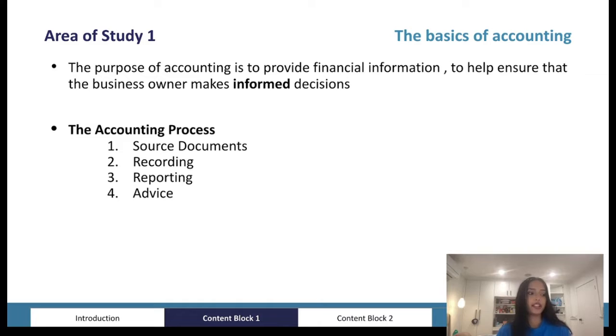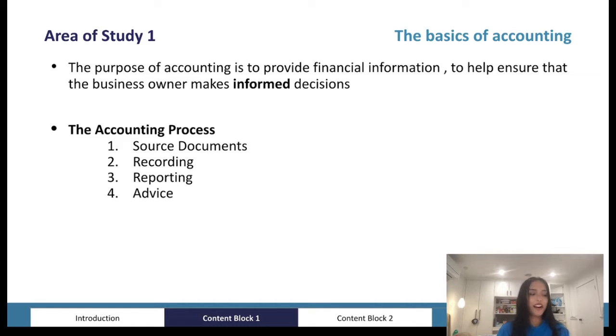That process is collecting source documents, recording those source documents, so recording the transactions, and then preparing financial reports. So that's your balance sheet, your income statement, your cash flow statement, and also budgeted reports: budgeted balance sheet, budgeted cash flow statement, and budgeted income statement. Variance reports as well. There's a lot of reports.